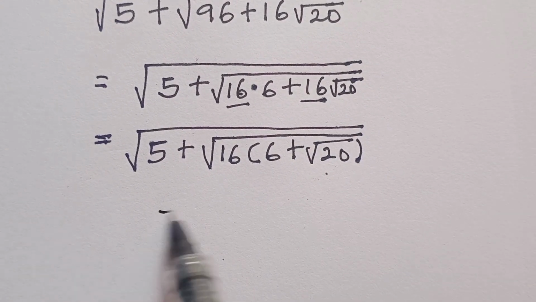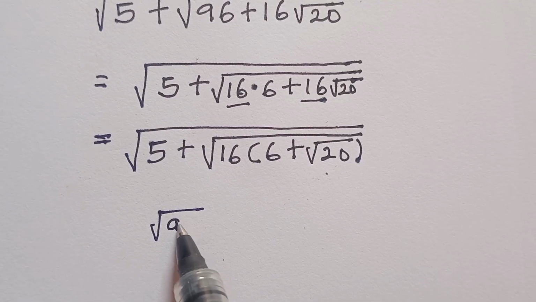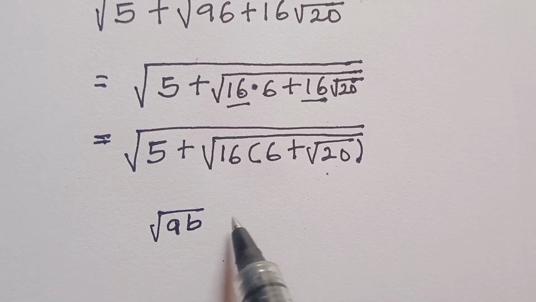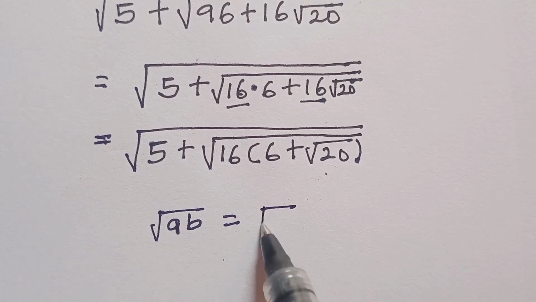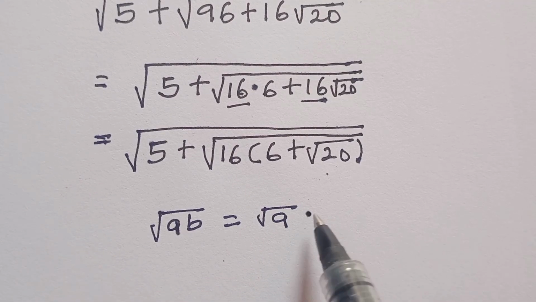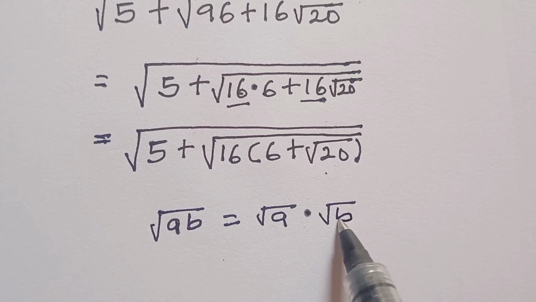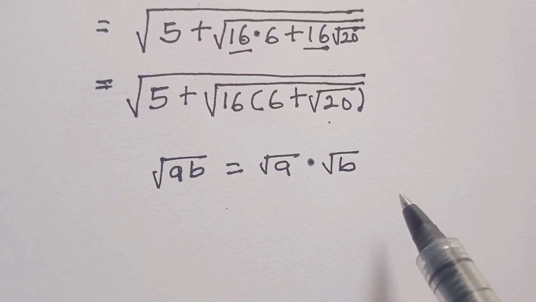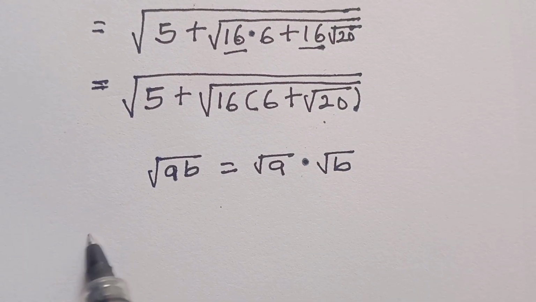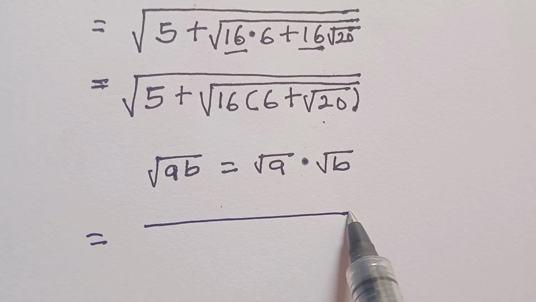We'll now be having, so don't forget, if you have the square root of AB, that can simply be written as the square root of A separate, multiplied by the square root of B separate. And if you do the reverse, you have the same result.